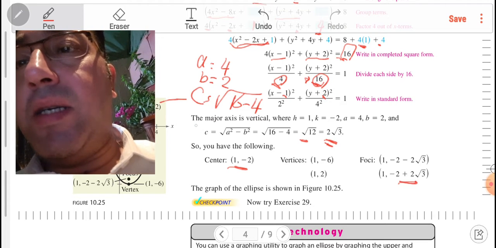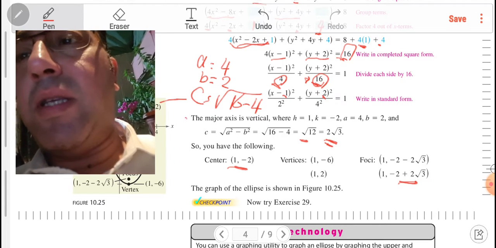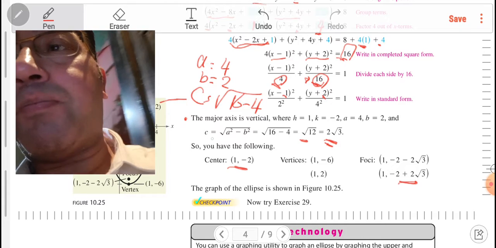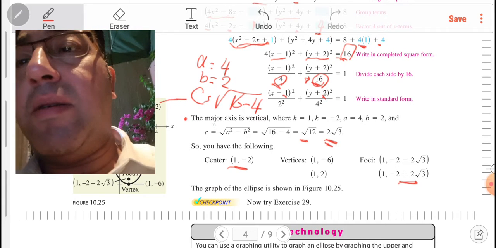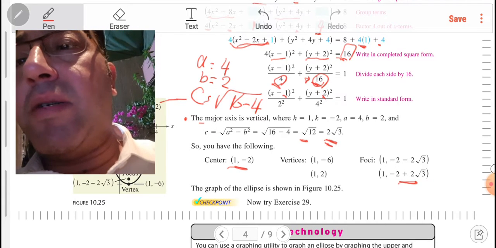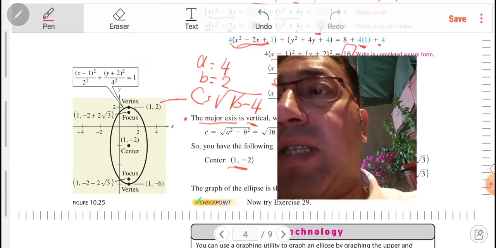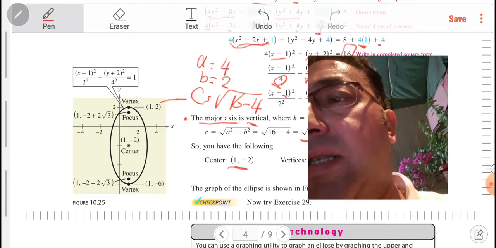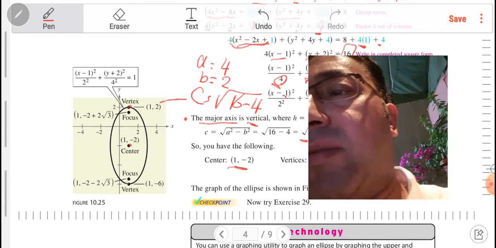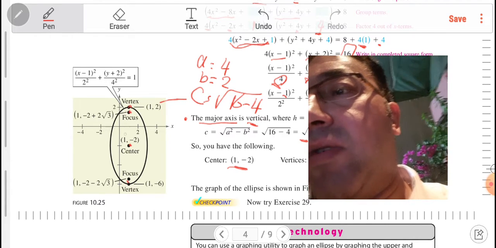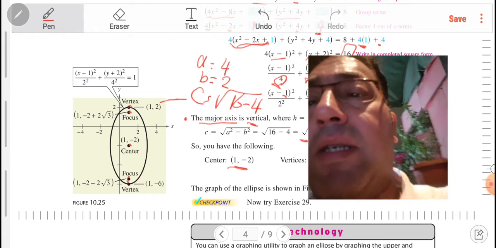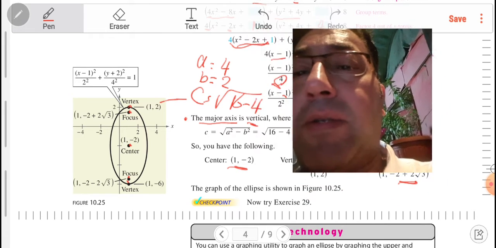Can I differentiate between this ellipse and the ellipse before? Yes. The major axis here is vertical, so this ellipse is a vertical style. Center, I can determine the vertices and the two foci for this part.